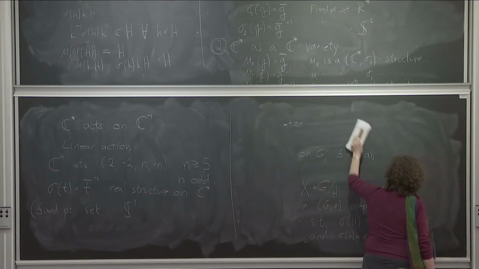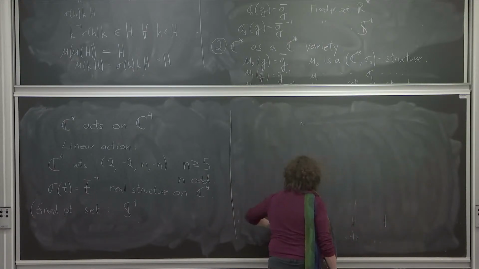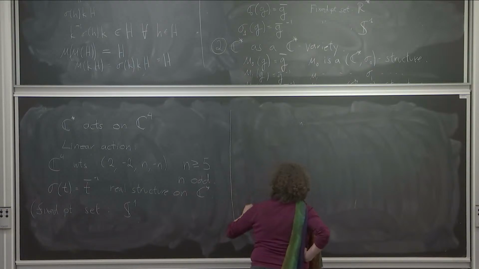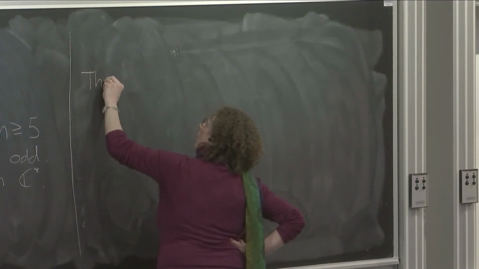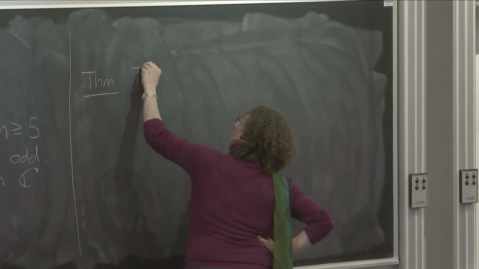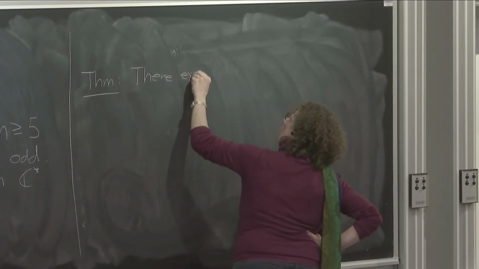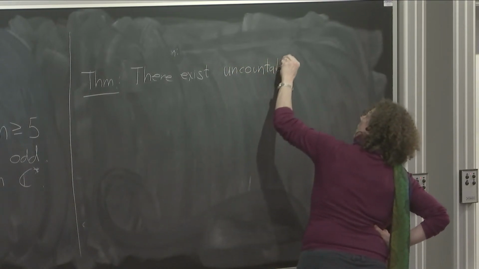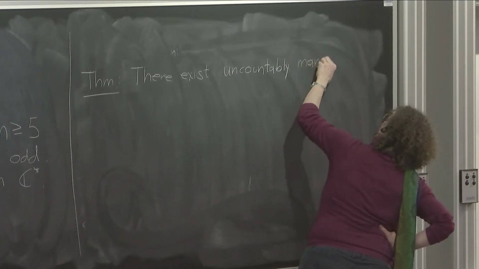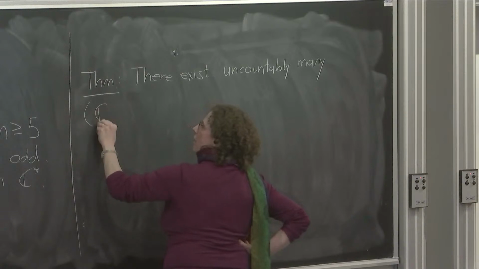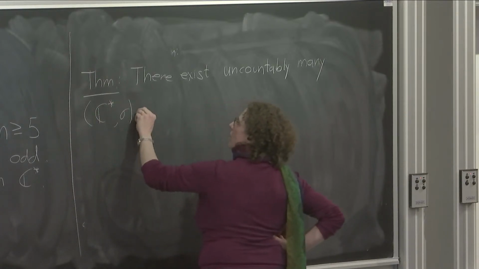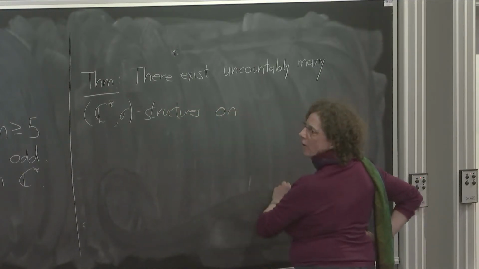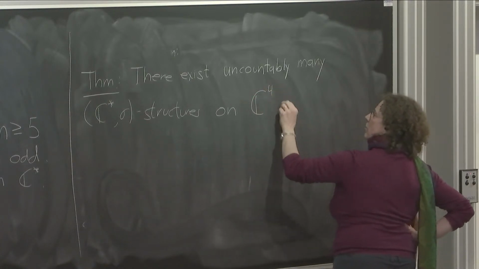In this situation, theorem: there exist uncountably many C star sigma structures on C4 with these weights.